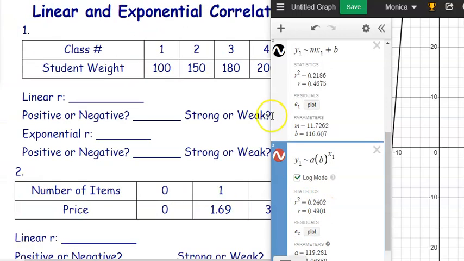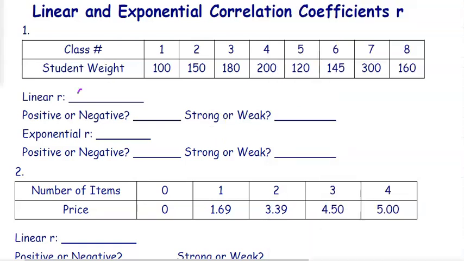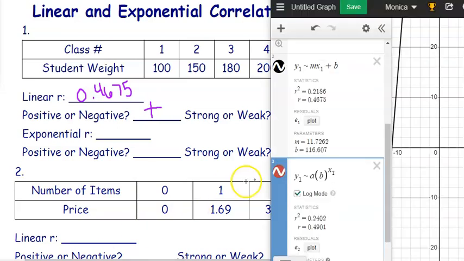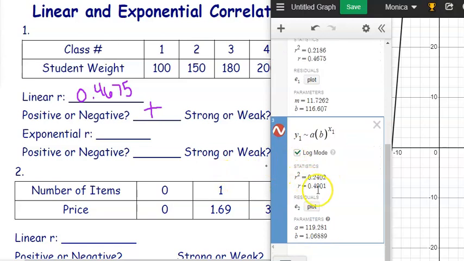So looking at this, our correlation coefficient for the linear is 0.4675. That is positive and is considered weak because it's closer to 0 than it is to 1. Now for the exponential regression, we have a correlation coefficient of 0.4901.